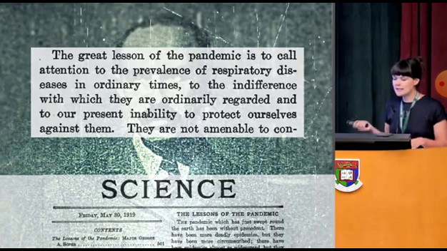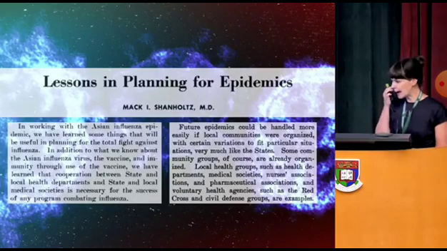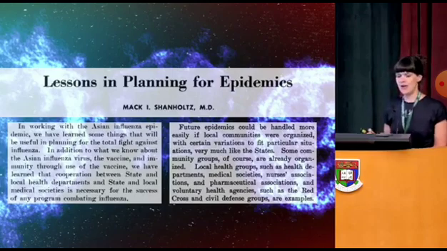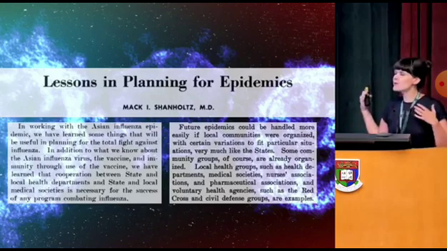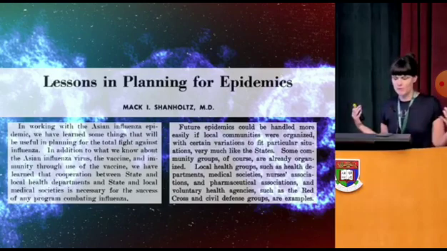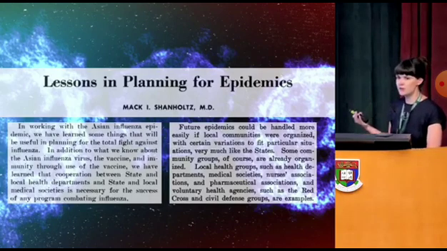If you fast forward to the next lesson learned paper in our little time machine, this one is from Mac Shanholtz, which is a fantastic name. And Mac here is again writing on influenza. This is the H2N2 outbreak of 1957. And here the lessons switch more to what can the health system do to prepare for future pandemics.